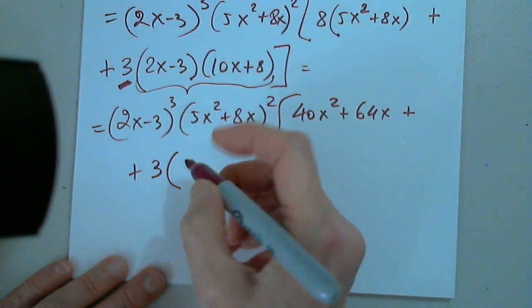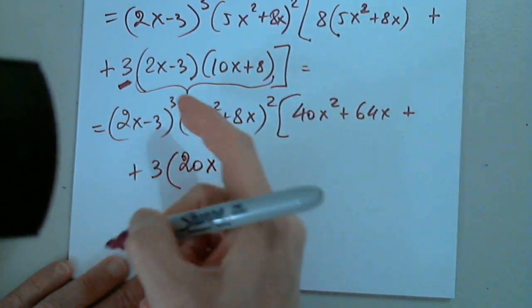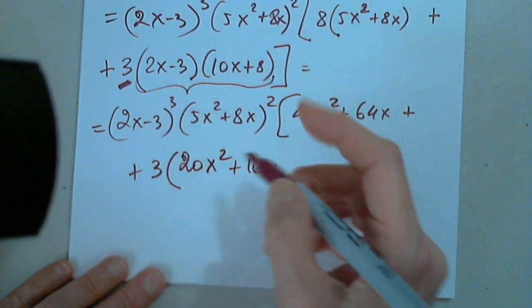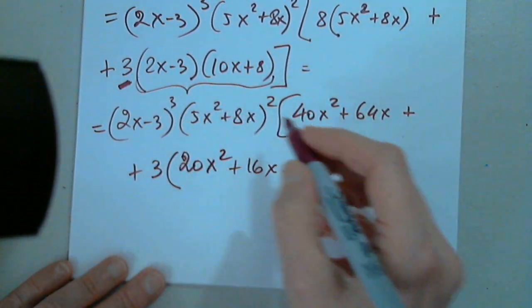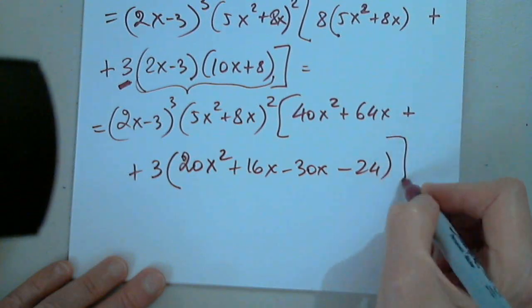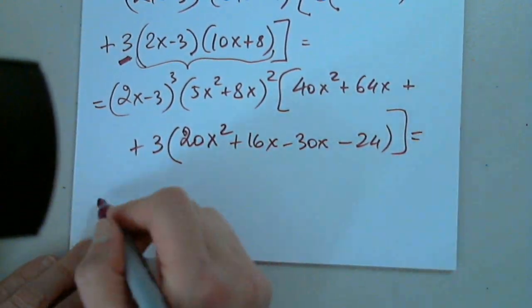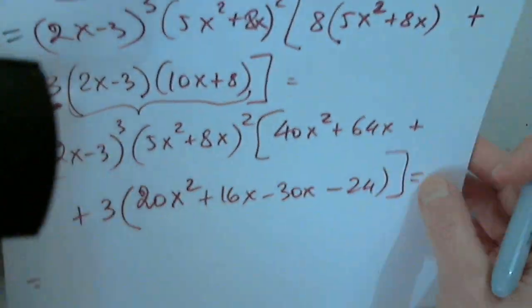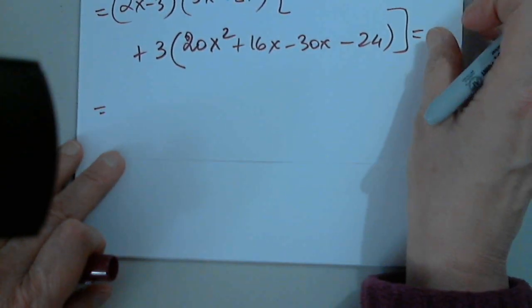So 2x times 10x. So 2x plus times 8. And then minus 30x. And then minus 24. See, I know I write big, I write with markers, but it takes me a page to finish this up.